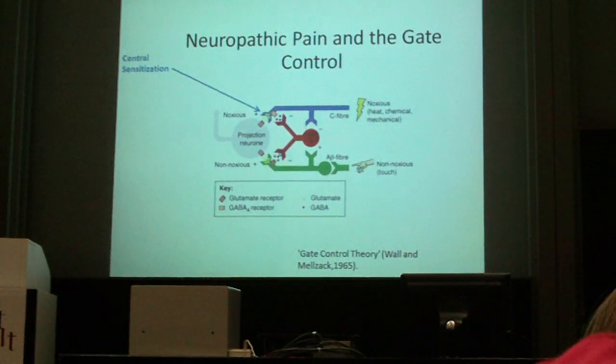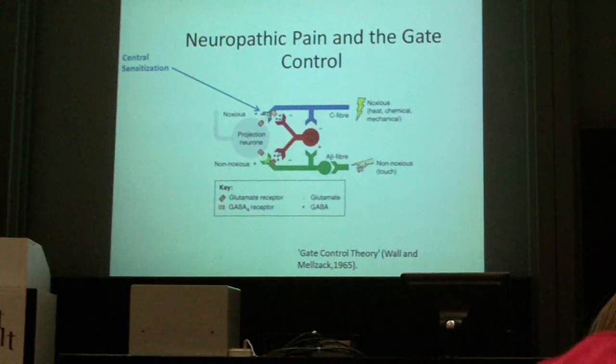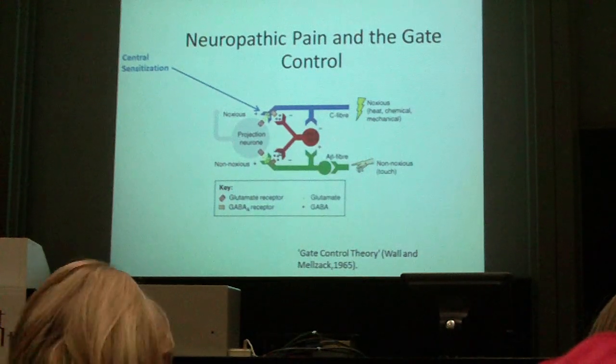These cells modulate the transmission either from the C fibers or from the A beta fibers. And you can see here, because here is a positive interaction, activation of the A beta minimizes the transmission here, but also minimizes the transmission of the pain fibers. Presynaptic.